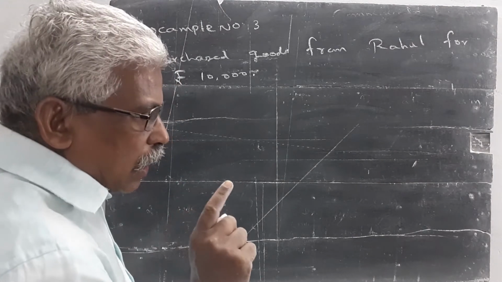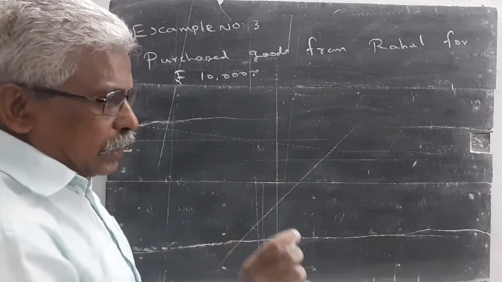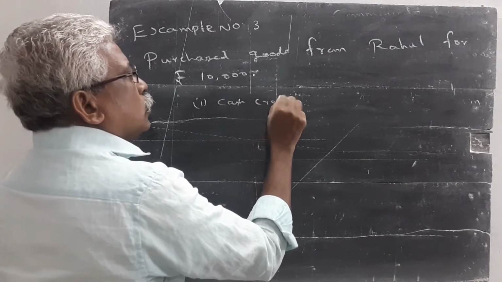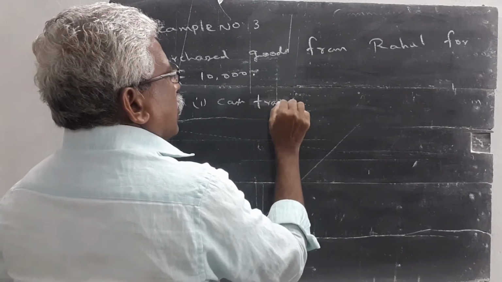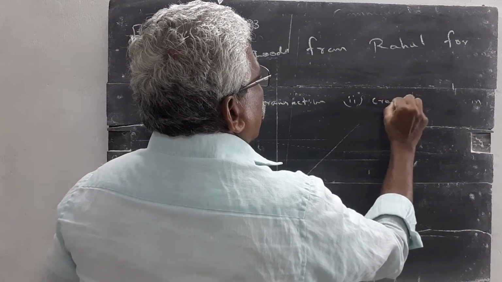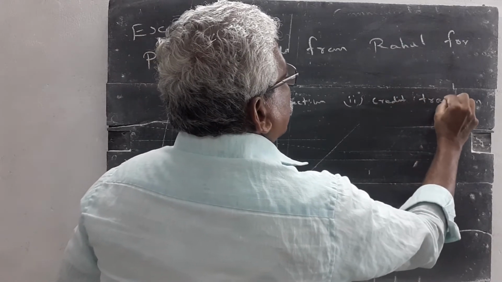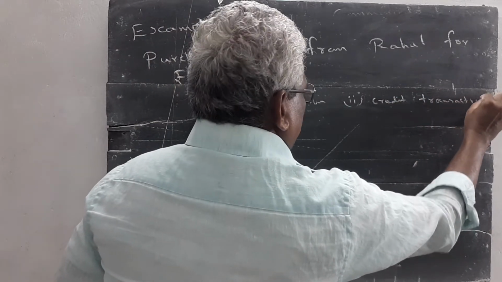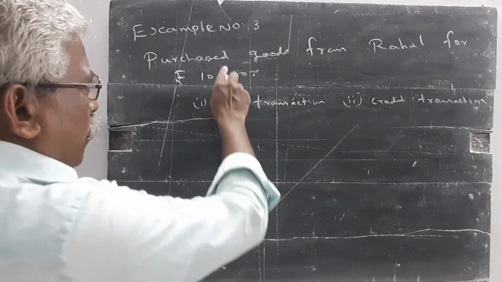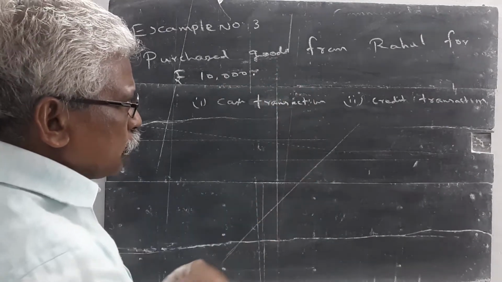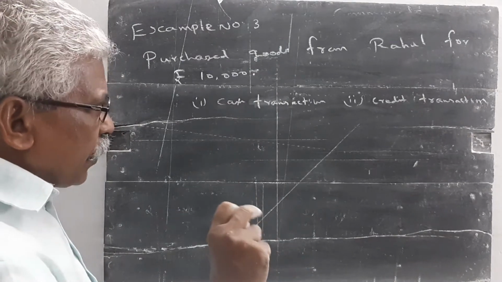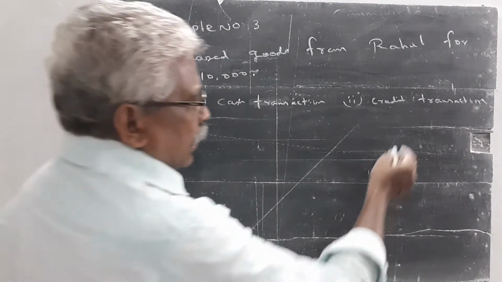In the last class I explained there are two types of transaction: number 1, cash transaction, and number 2, credit transaction. Cash transaction means the amount is paid immediately. We purchased goods and the amount is paid immediately; it is called a cash transaction. If the amount is paid later, it is a credit transaction.